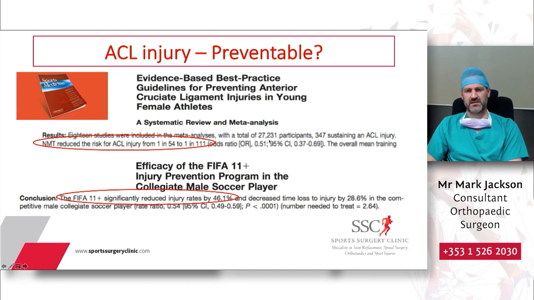And this is a big study looking at thousands of individuals, and that's in young females. And then there is a good program called the FIFA 11 Plus program, which again has shown significant reduction in injury rates. And this isn't just cruciates, this is also hamstring tears, it's groin problems, it's ankle injuries, if it's instigated into a training schedule.